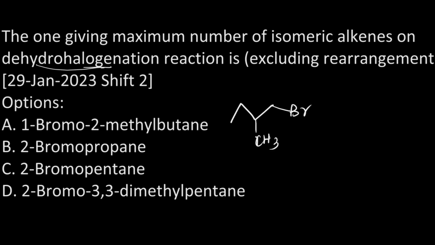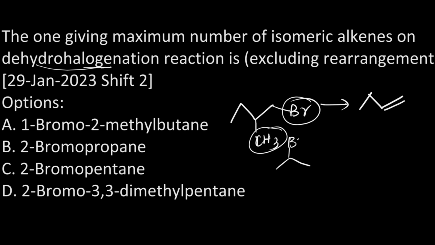So we have to remove halogens from this, so I'll end up with butene, and then 2-bromopropane, which again gives a terminal alkene. 2-bromopentane, 1, 2, 3, 4, 5, 2-bromo.